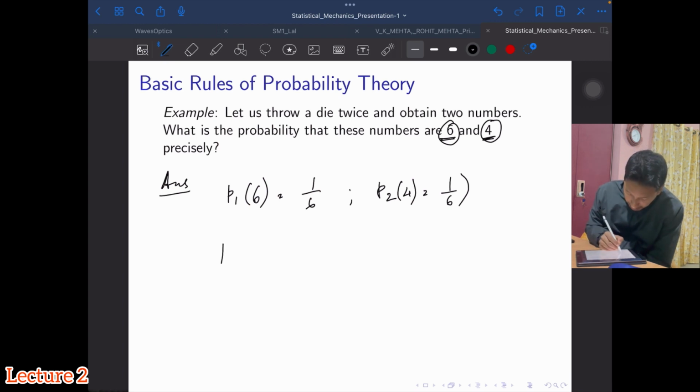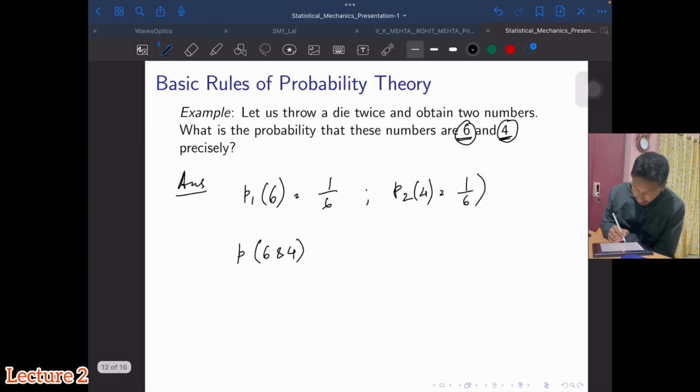I need the joint probability where the number is 6 in the first case and 4 in the second case. So it will be simply the multiplication of both the probabilities, and that will be given by 1 by 36.